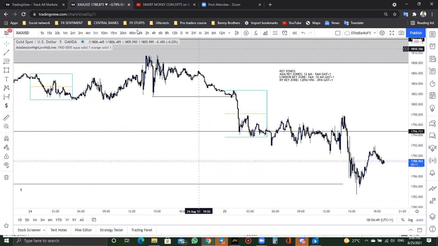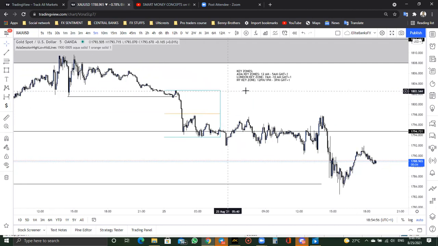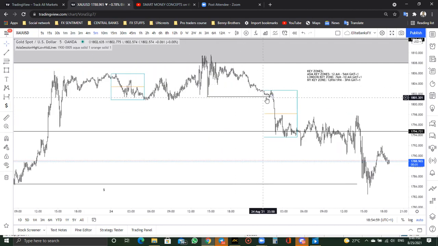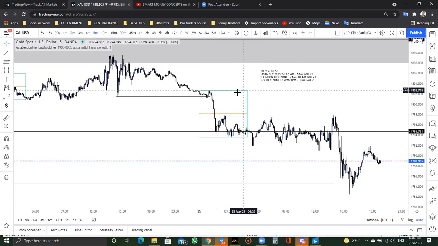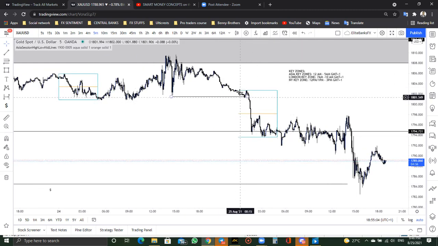For the smaller time frames, like 1 hour and below, I want to know what momentum is doing and look for an entry. Now, imagine you wake up in the morning and see this has already taken place.